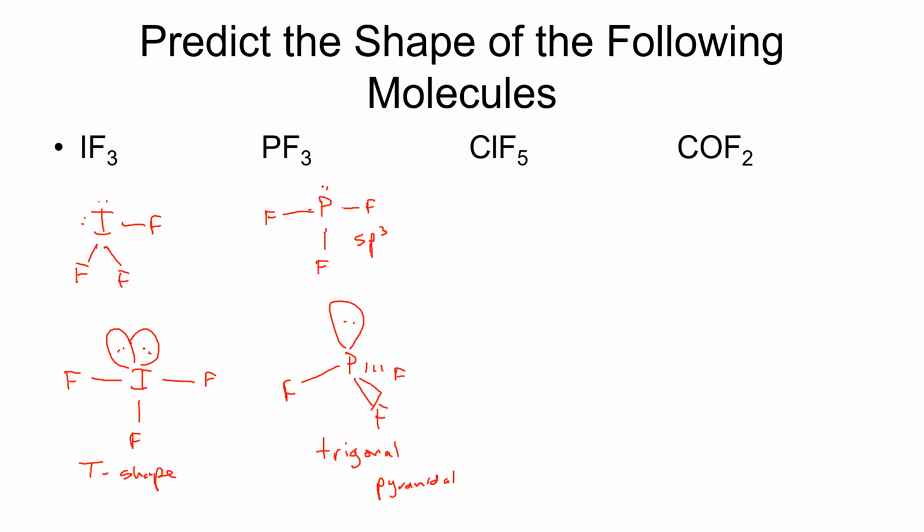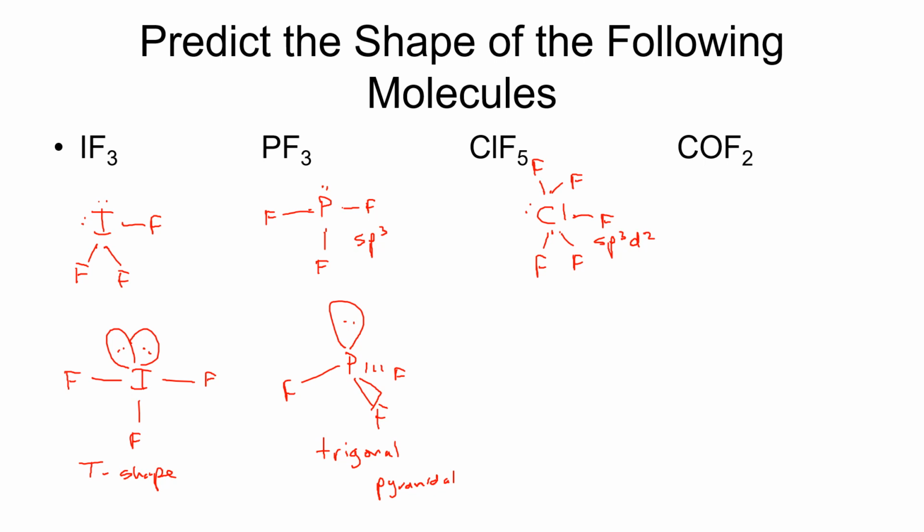Yeah, so then the next one here we have is a chlorine, and chlorine has 7 valence electrons, and we're going to bond with 5 of them. So we got fluorine, fluorine, fluorine, fluorine, fluorine. Great, so 5 bonds, 1 lone pair. I think the only one that works for that is going to be an SP3D, 1, 2, 3, 4, D2.